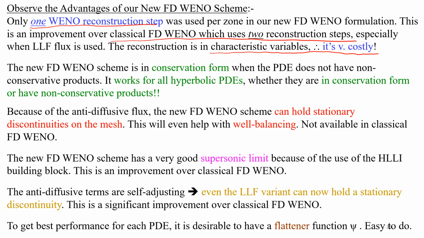It can handle PDEs in conservation form just fine, but it has the additional advantage that it can actually handle hyperbolic PDEs that have non-conservative products. So that is a good thing. Okay. We can also include antidiffusive fluxes, which ensures that we can hold stationary discontinuities on the mesh. This will actually help us greatly with well balancing.